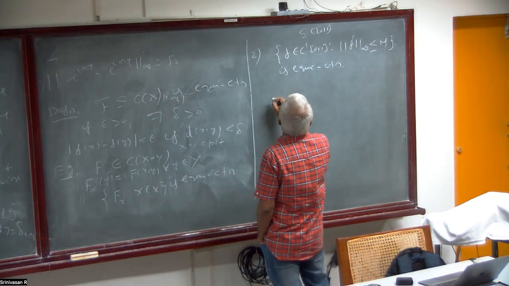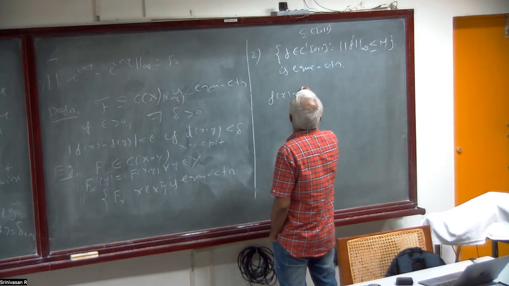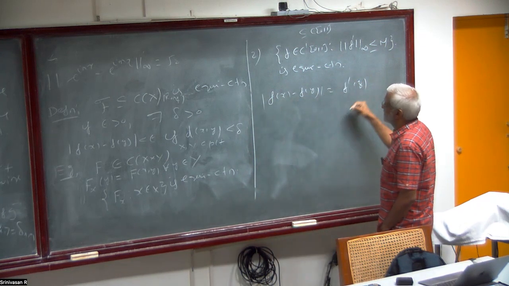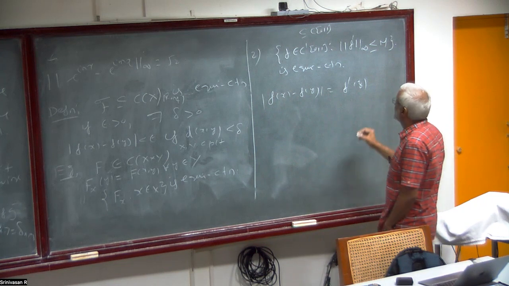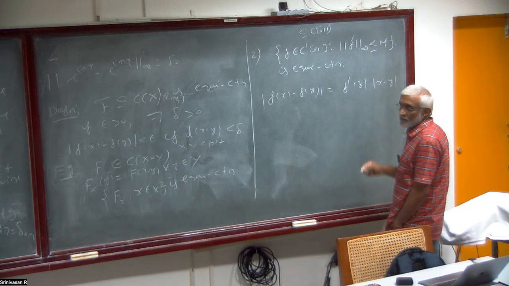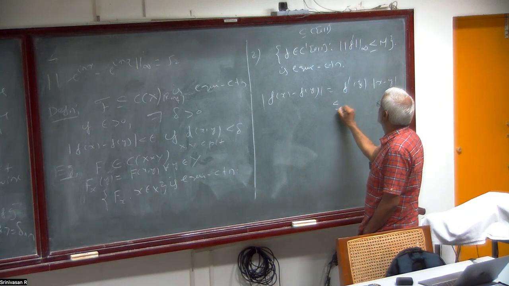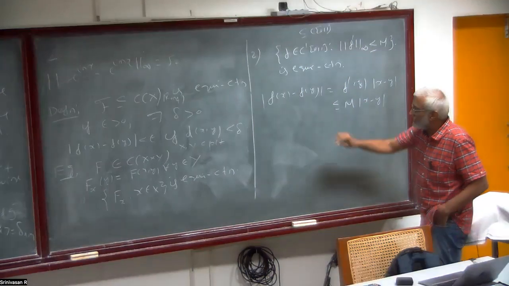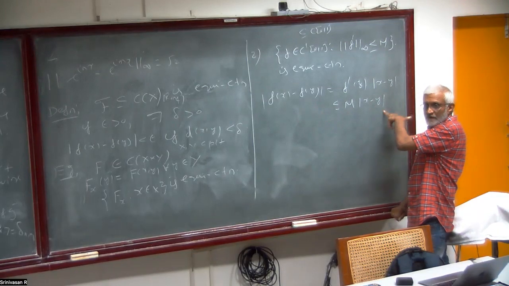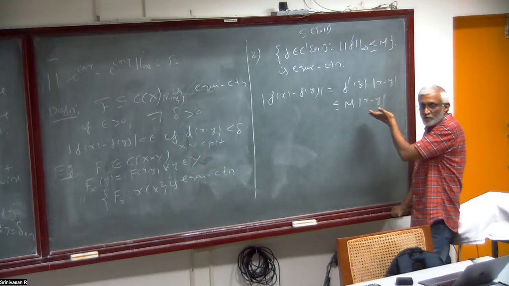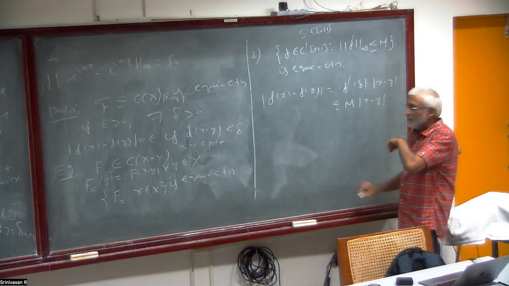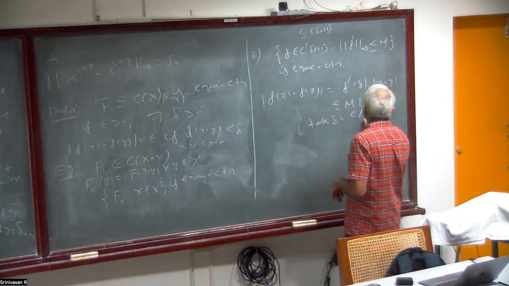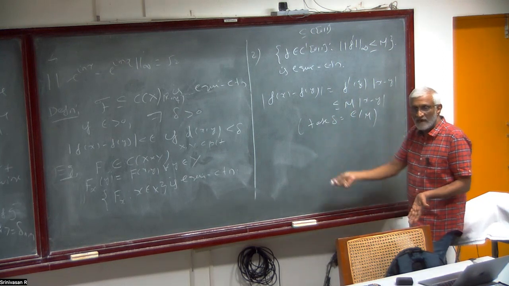Why is this true? You want to talk about f(x) minus f(y). This is equal to f prime of z times (x minus y) for some z between x and y, and f prime is less than M, so this is at most M times |x minus y|. So given an epsilon, you can find delta: take delta equal to epsilon by M. That will work for all f.